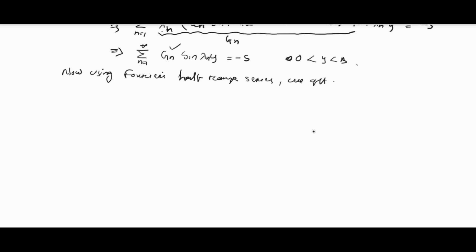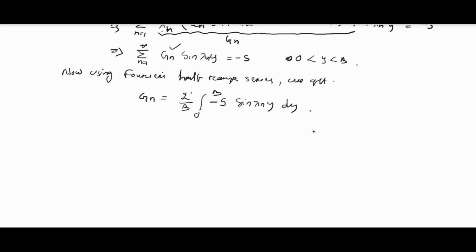Within that limit we have to integrate. Now gn is equal to 2 by b integration of 0 to b of minus s sin lambda n y dy.